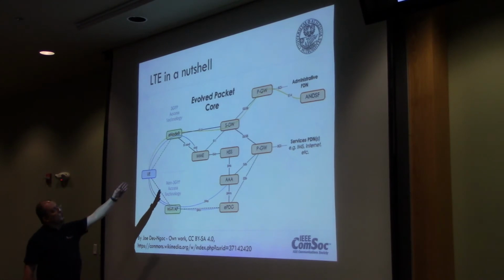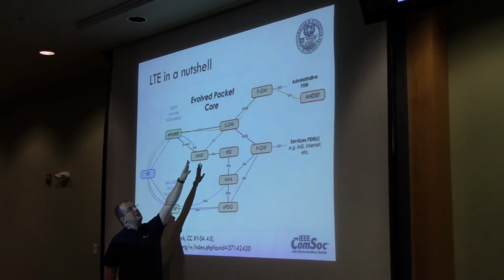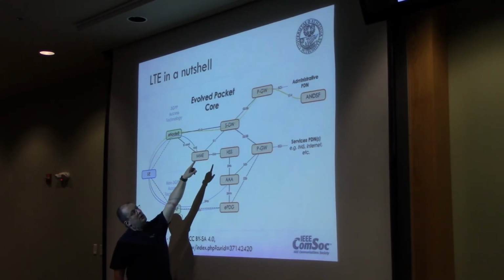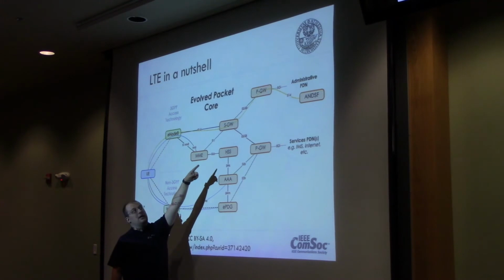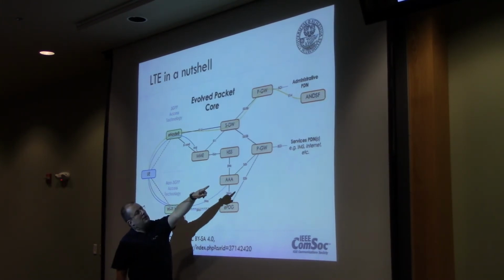And then you go into the evolved packet core, where you need different nodes. This is for mobility management. You need to have gateways for services and for interacting with the internet, for example, here.